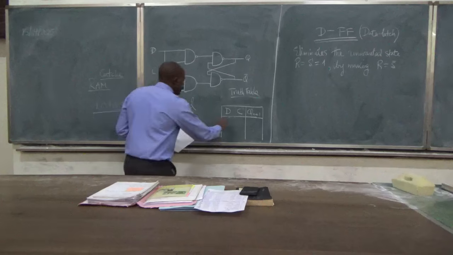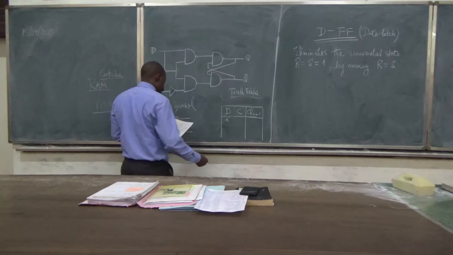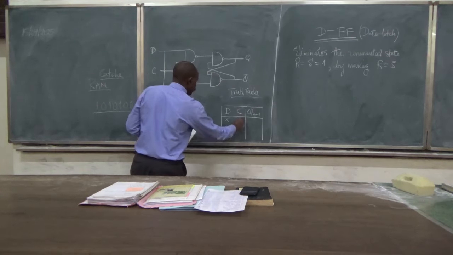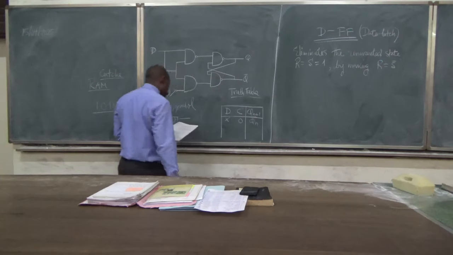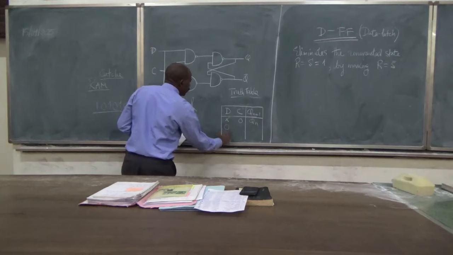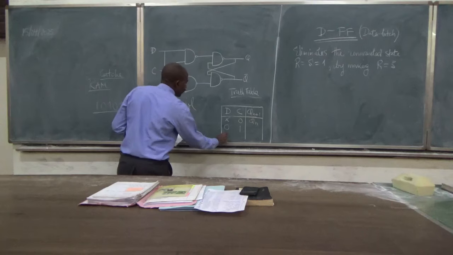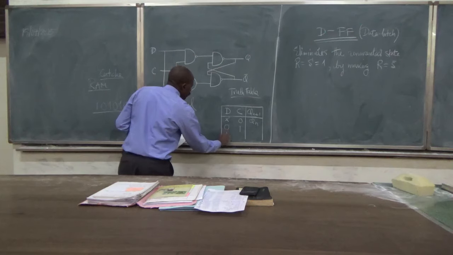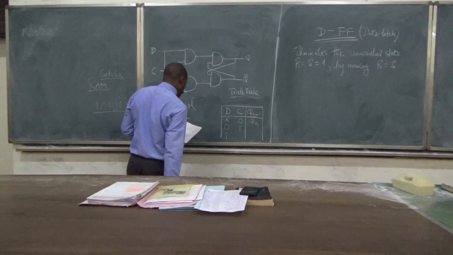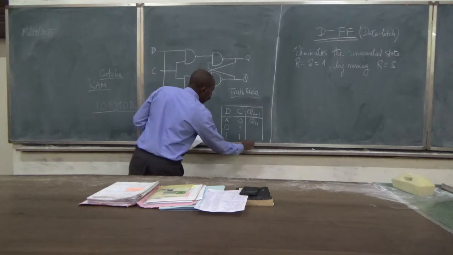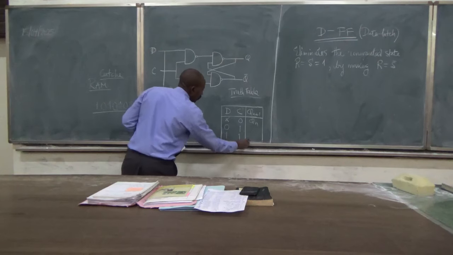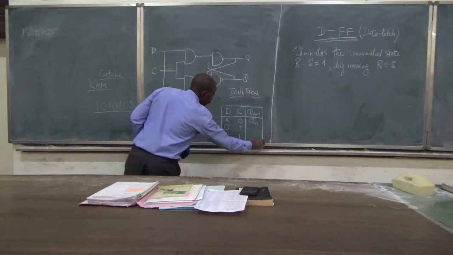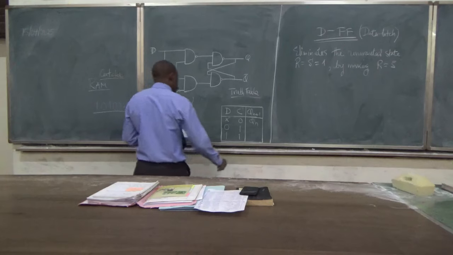We start with D not being put in and no clock. That's the beginning. Then we have D being 1 and clock being 0, and here we have D being 1 and clock being 1. And we have eliminated the one where both inputs can be the same.